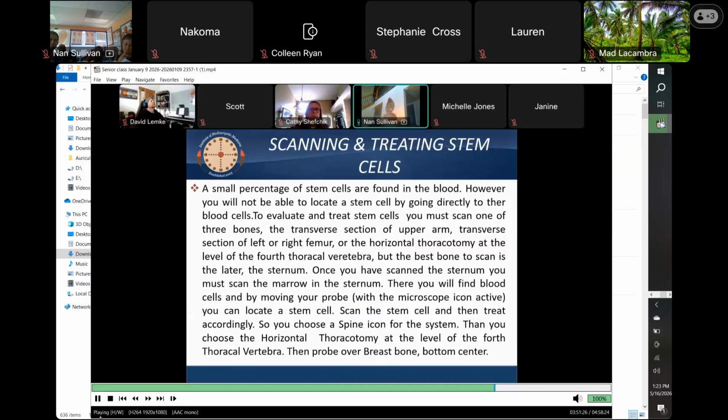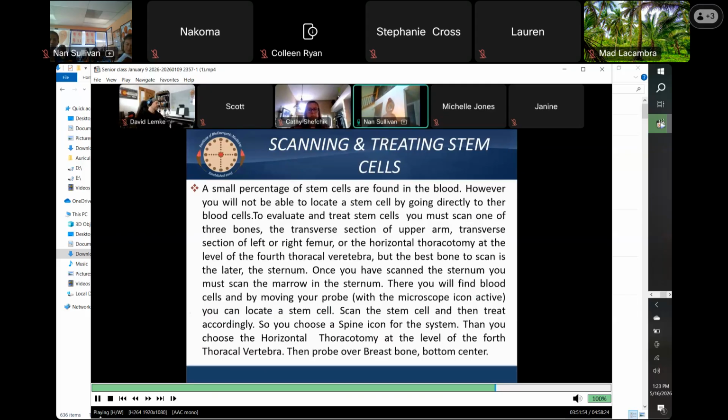But the best bone to scan is the latter, the sternum. Once you scan the sternum, you must scan the marrow in the sternum. There you will find blood cells, and by moving your probe with the microscope icon active, you can locate a stem cell. Scan the stem cell and then treat accordingly.